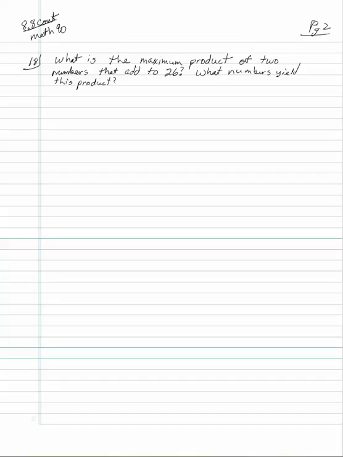Okay, so let's try number 18. It says, what is the maximum product of two numbers that add to 26? What numbers yield this product? This is pretty similar to the last one we did. If we let x equal the first number and y equal the second number, two numbers that add to 26, so x plus y equals 26, and we want to maximize the product of these two numbers. The product is x times y.